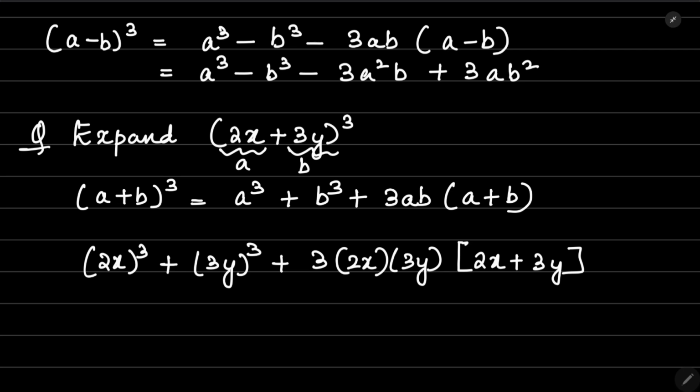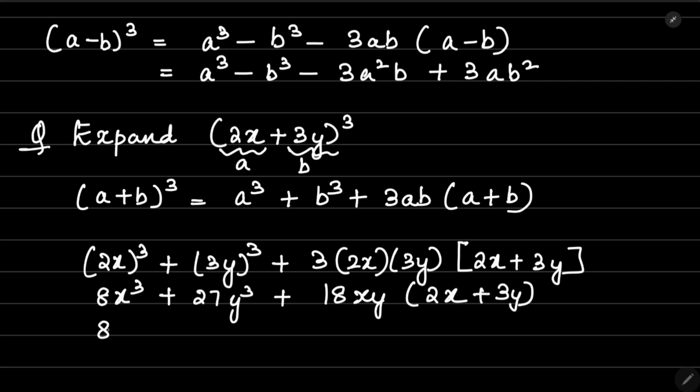So you can write it as 8x cube plus 27y cube plus 3 2s are 6, 6 3s are 18xy multiplied by 2x plus 3y.